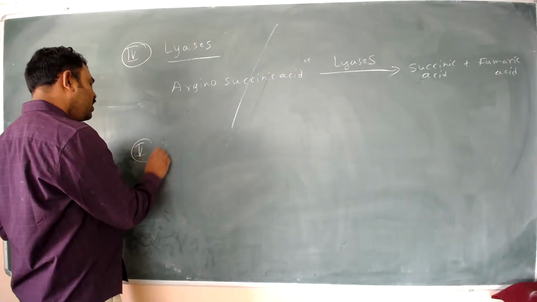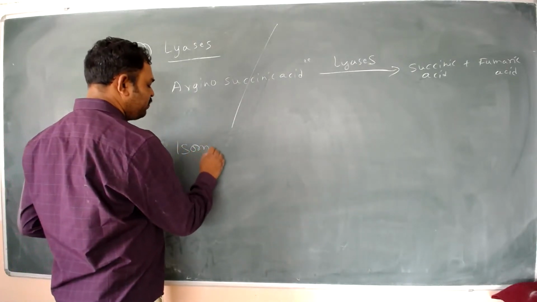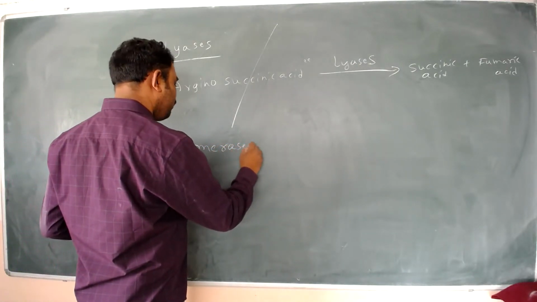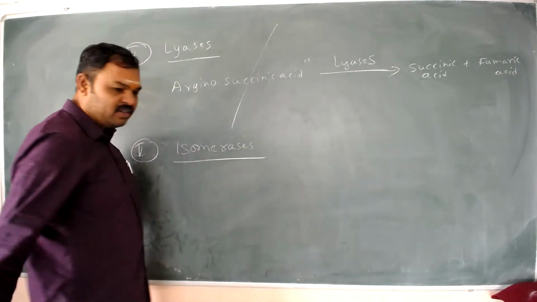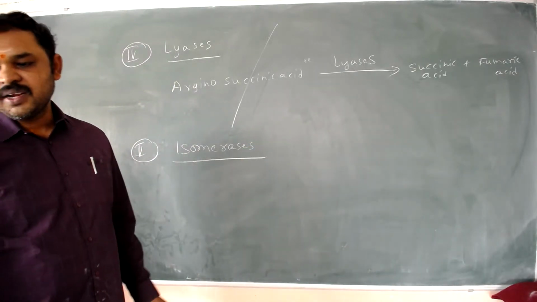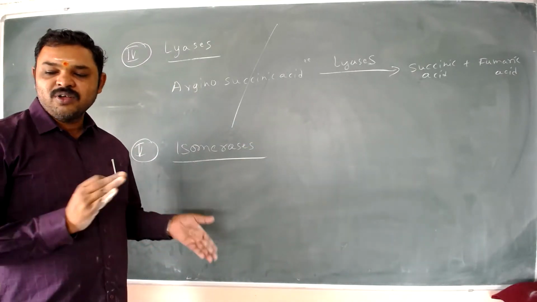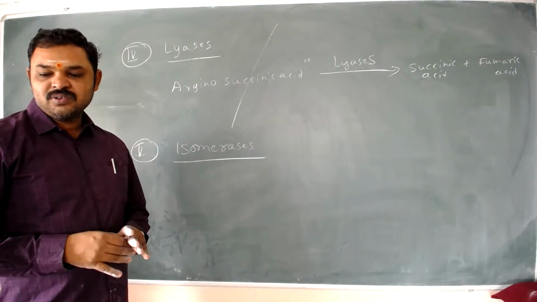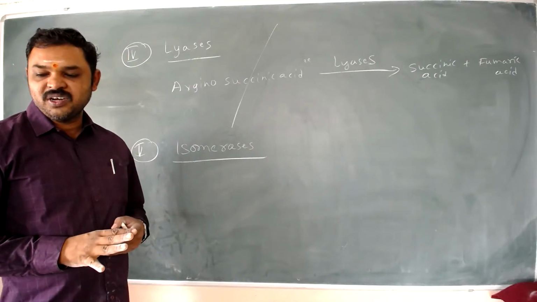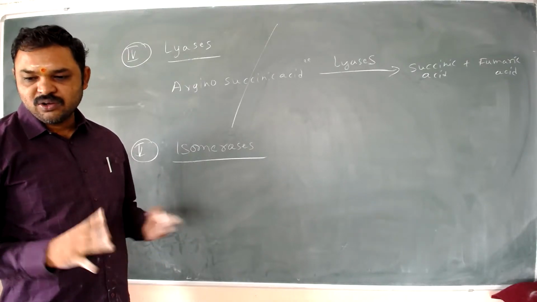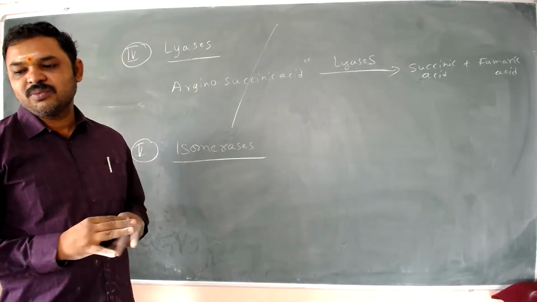Next one, isomerases. Class 5. What is the class 5 enzyme? Isomerases. What is meant by isomerases? The enzymes which are involved in the interconversion of isomers from one form to another form. Suppose you see glucose 6-phosphate and fructose 6-phosphate. What are these? Isomers.